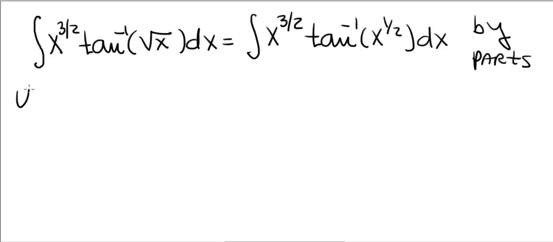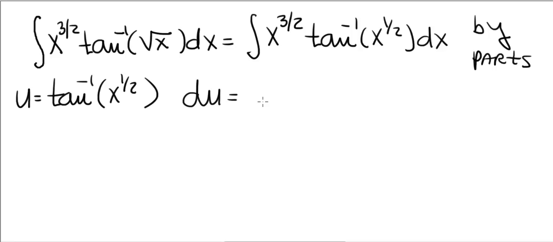So let u be inverse tangent of x to the 1/2, and then du is equal to, in the denominator we have 1 plus x to the 1/2 squared, which is 1 plus x.